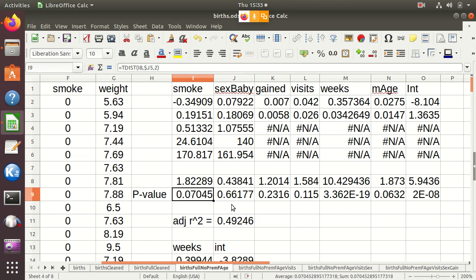But notice here, the p-value for what I'm interested in actually also went down. I got rid of that redundancy of premature and number of weeks pregnant, and all of a sudden the smoking part is starting to look a little more significant.